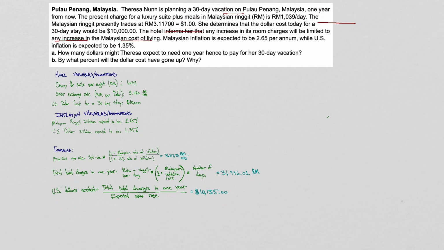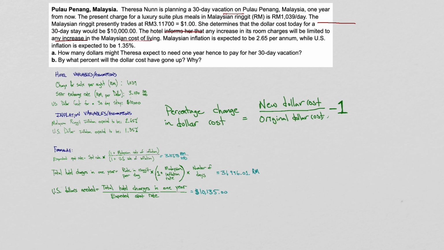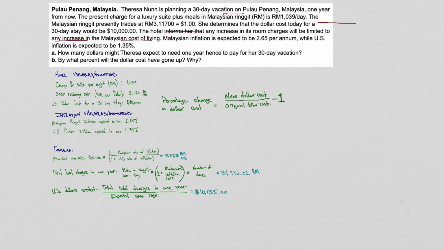And that formula is just taking the cost 1 year from now in dollar terms, dividing by the original cost, that $10,000 here. And it's just a percentage change formula. P2 divided by P1 minus 1, percentage change, this time in dollar terms.